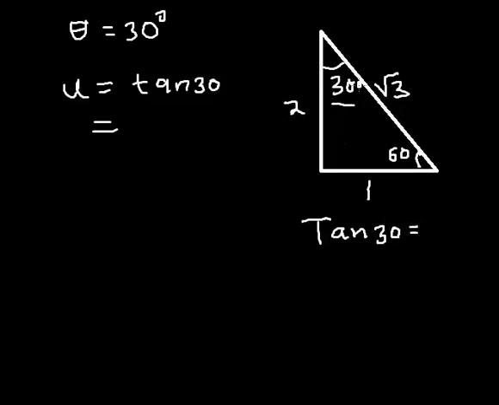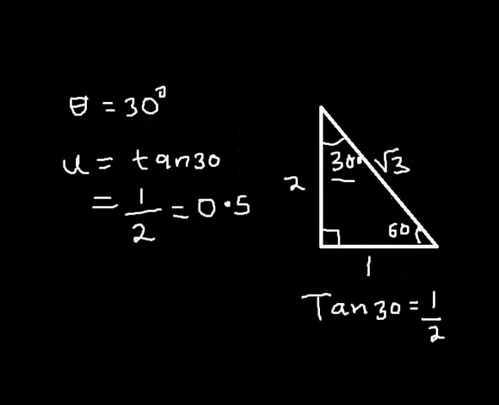The opposite of 30 is 1, the adjacent of 30 is √3. So the coefficient of friction there is 1/√3, approximately 0.58. That's how we evaluate that.